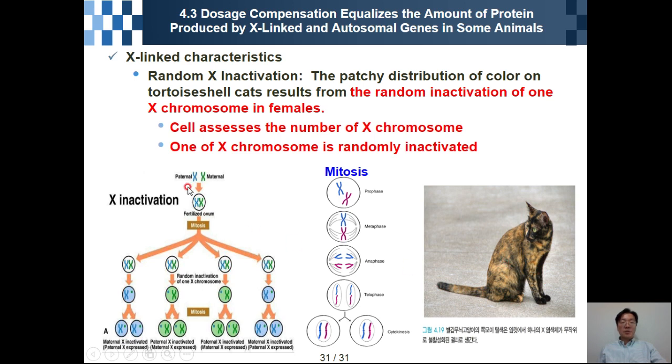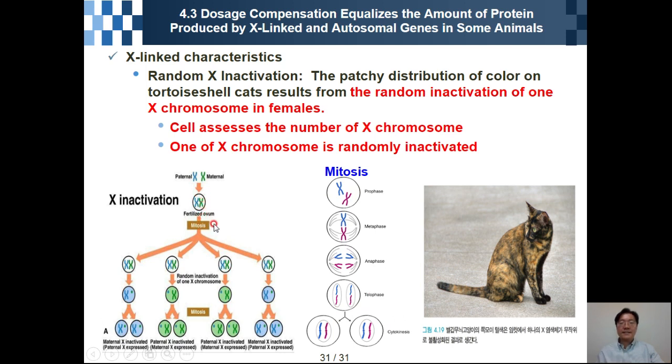Usually one X chromosome comes from the father and one comes from the mother, so the cell usually has 2 X chromosomes. After mitosis, one cell becomes 2 cells.